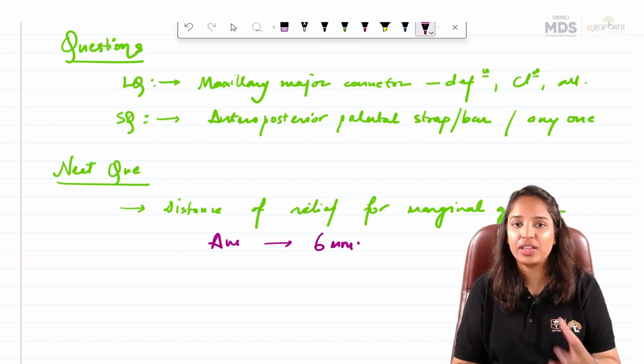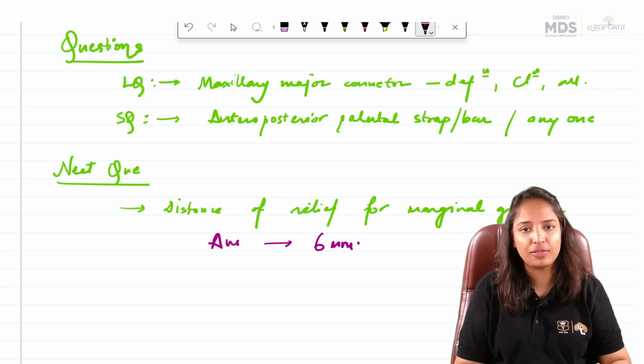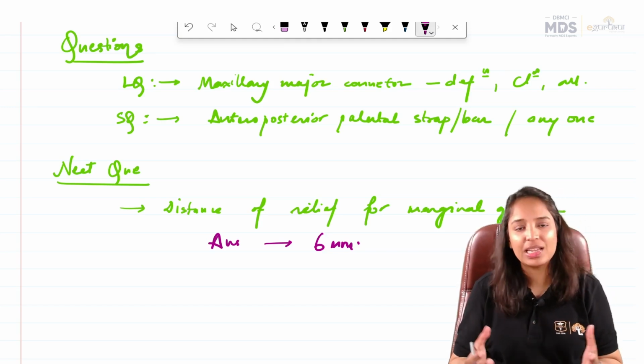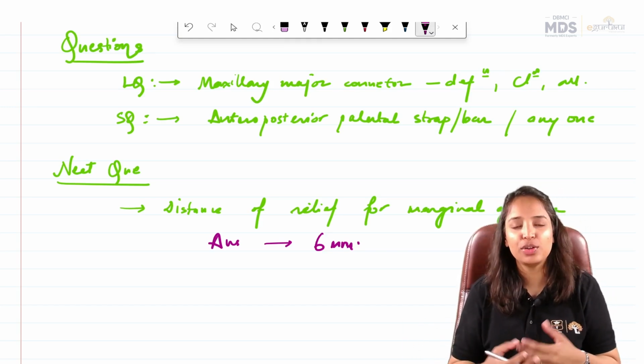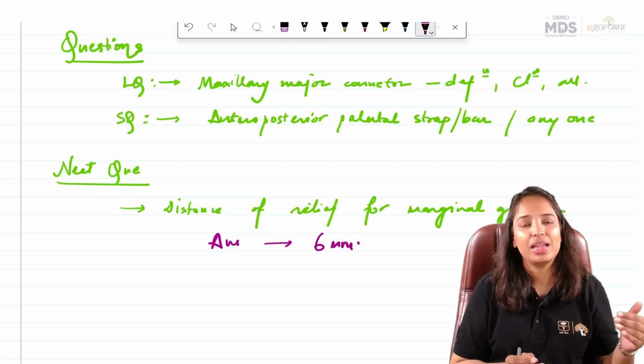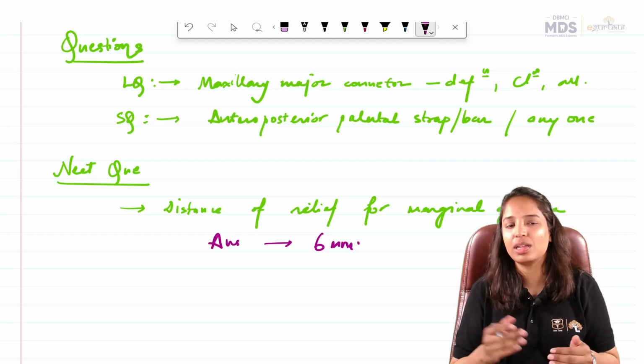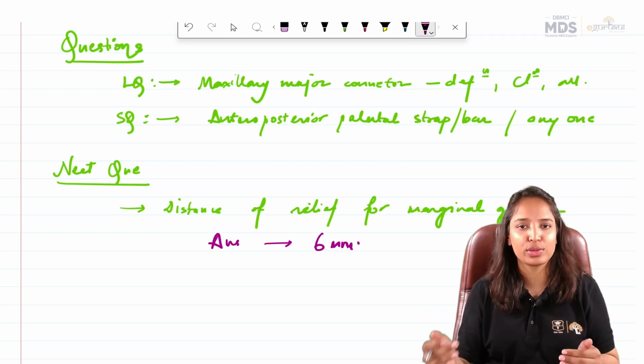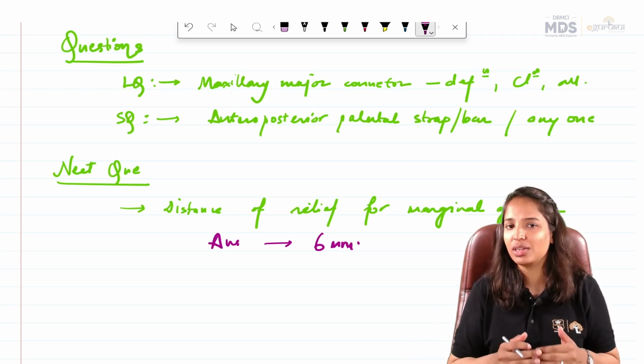So that is a fair question that can arise out of this topic. Again, when we learn mandible, I'll tell you over there also, but just for contrast, you can remember in maxilla it is 6 millimeters, in mandible it is 3 millimeters of relief for your marginal gingiva.